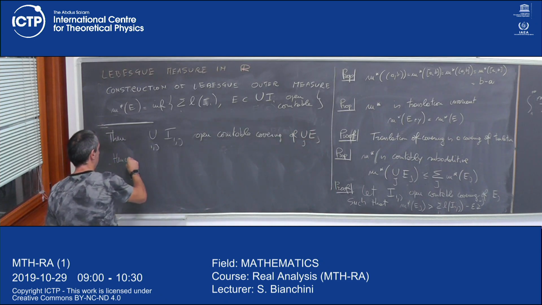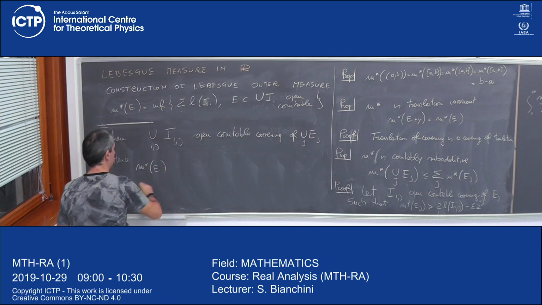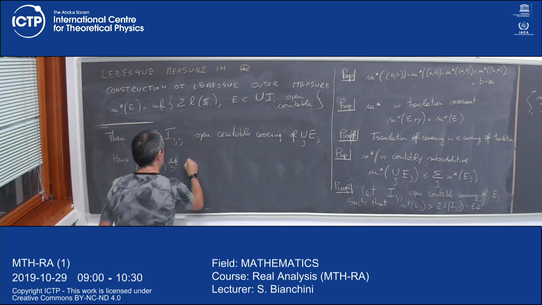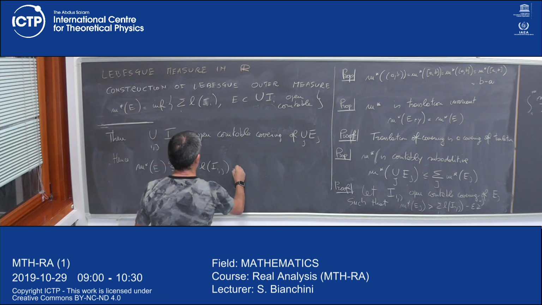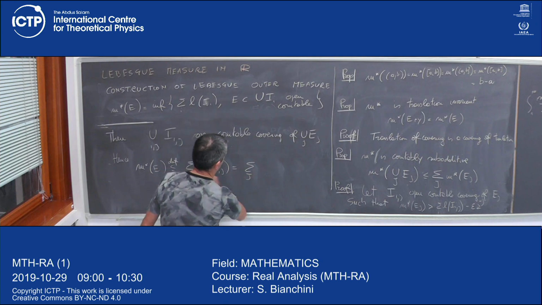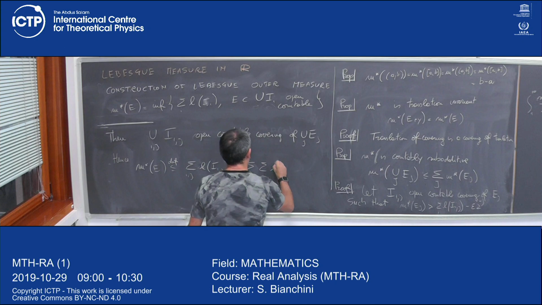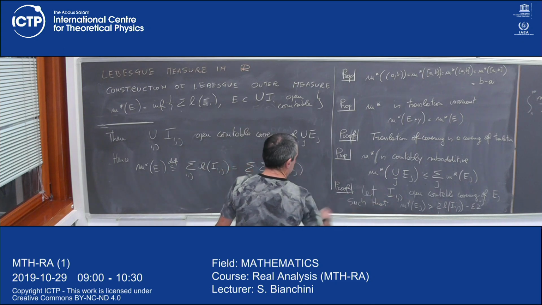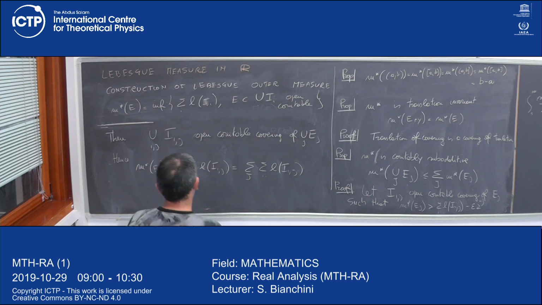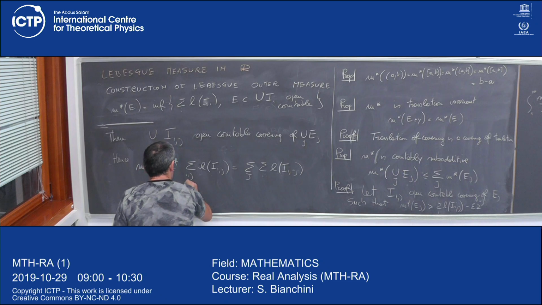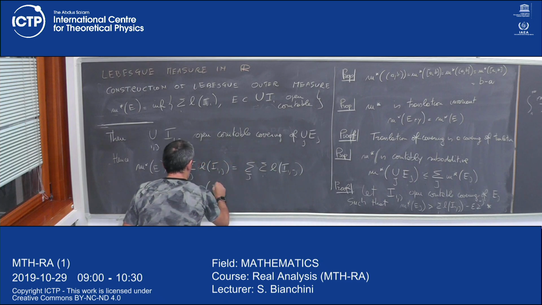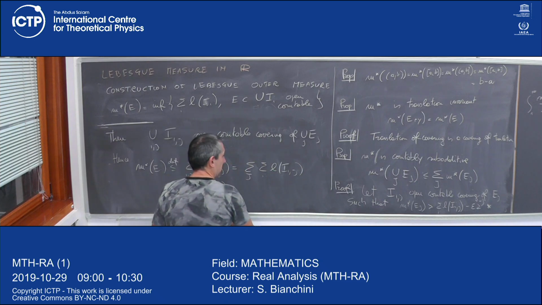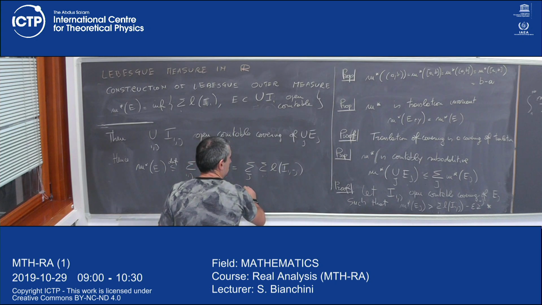Hence, m star of E by definition is at most the sum of the lengths of the I_ij. This is positive, I can rearrange, it's absolutely convergent: the sum over j, the sum over i of the length of I_ij, and then I use that guy, which is less than the sum over j of the measure, so I'm using now this one, of E_j plus epsilon.